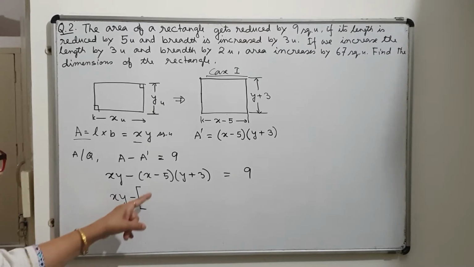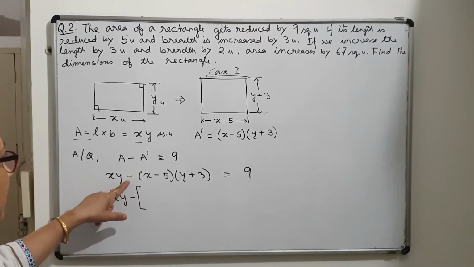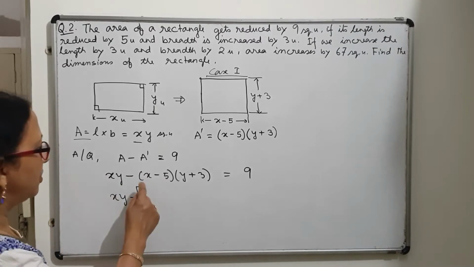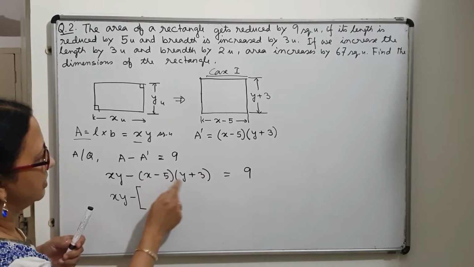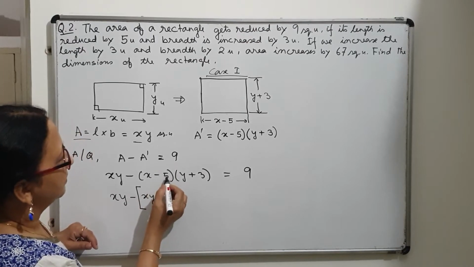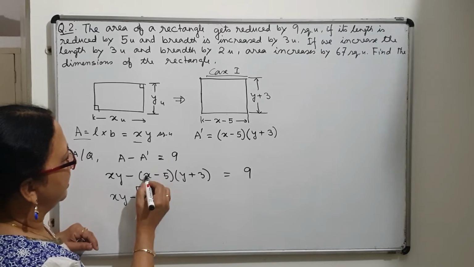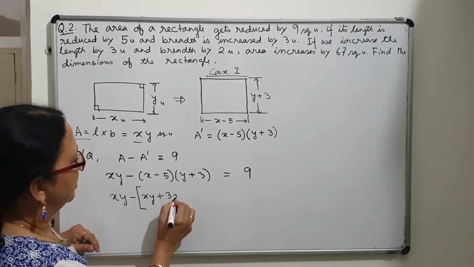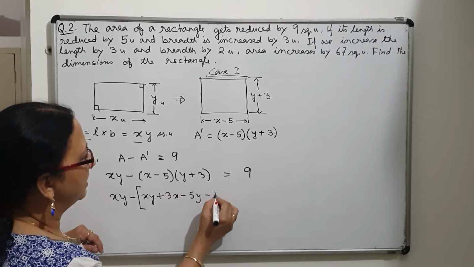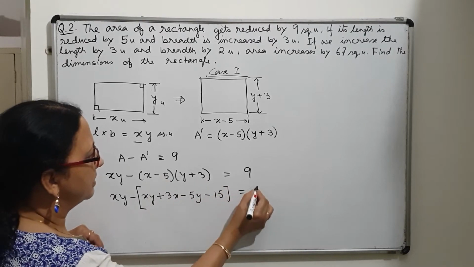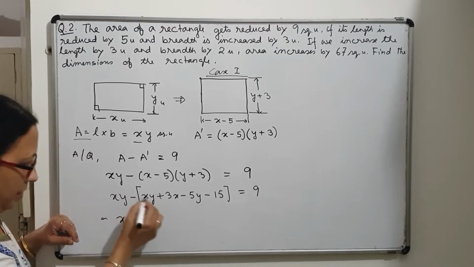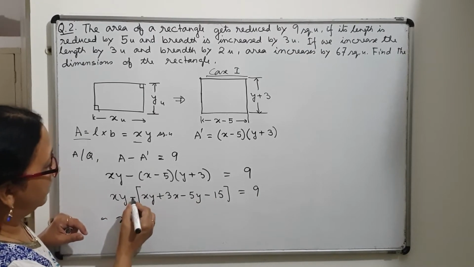So now we can do this: x into y, xy, minus, then x into y, x into 3 plus 3x, minus 5y, minus 5 into 3 minus 15, is 9. Now I will be removing the bracket very carefully.